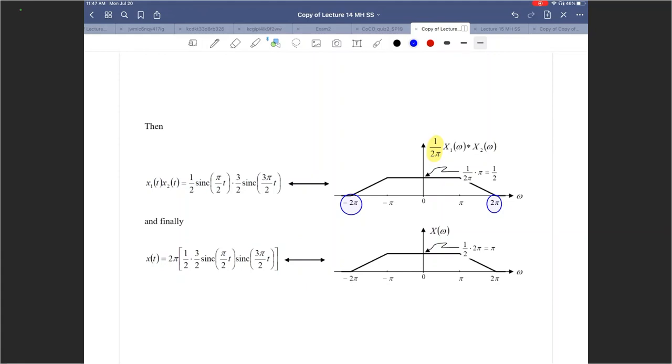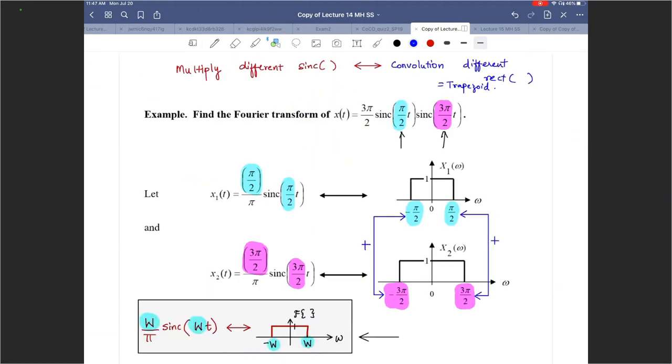Now the only question that remains is, for how long will it increase and for how long will it decrease? For that, I need to find the difference between the widths. The width over here is 3 pi. The width over here is pi. So the difference between those two is 2 pi, right?